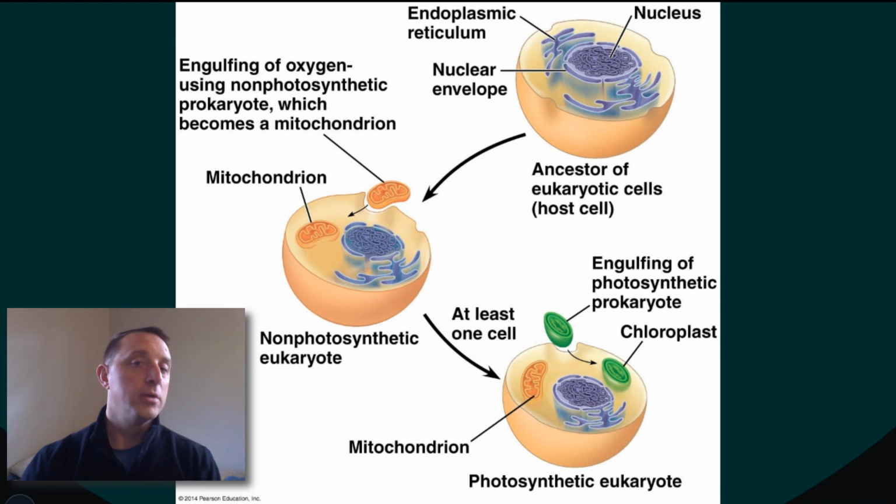Okay, so those three lines of evidence very strongly support this endosymbiotic theory that the mitochondrion and the chloroplast were once free living organisms that were engulfed in this early eukaryotic cell and took up residence, and over millions or maybe billions of years of evolution have developed into these dependent organelles.